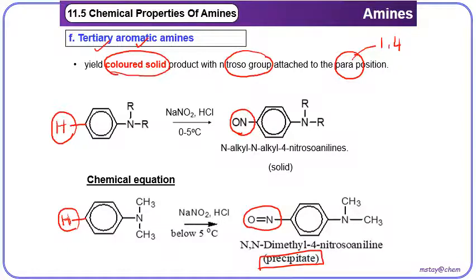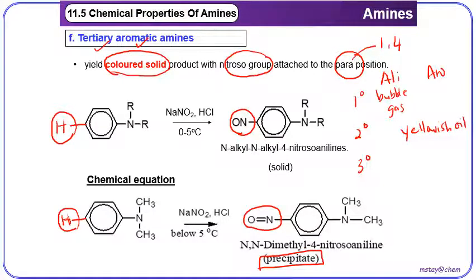So from here, we can draw a very quick conclusion for primary, secondary, and tertiary amine. For primary aliphatic amine, we will get bubble gas. For secondary aliphatic amine, we will have yellowish oil, similar to aromatic amine.